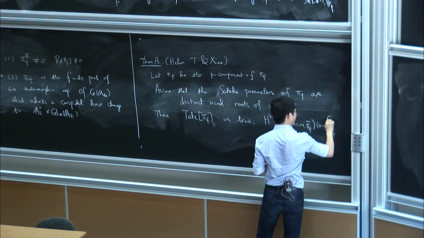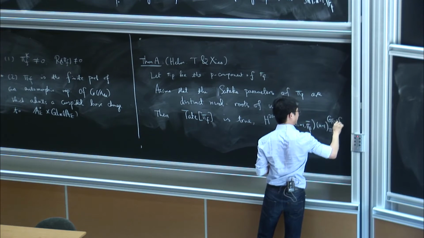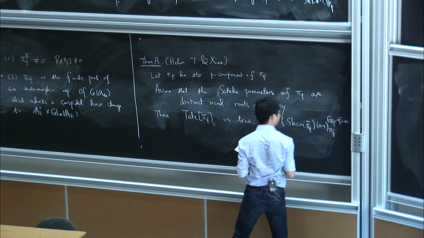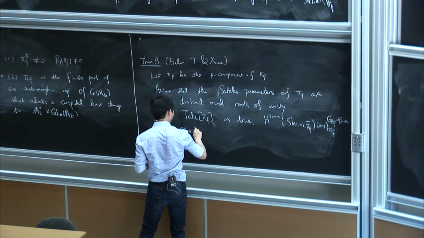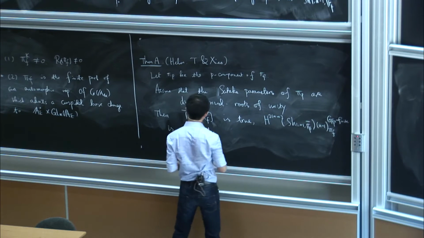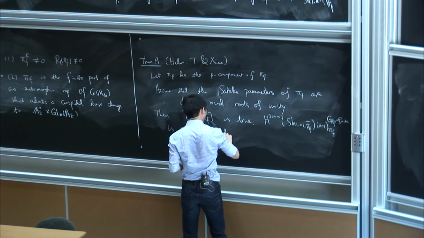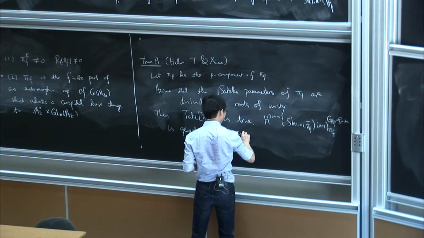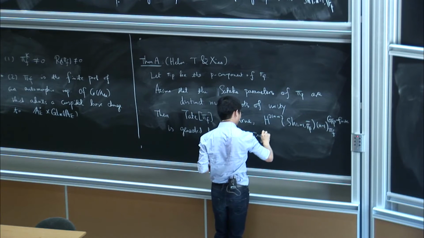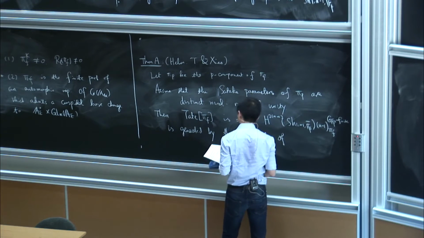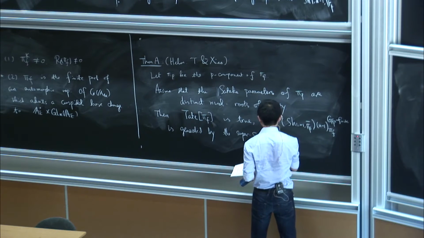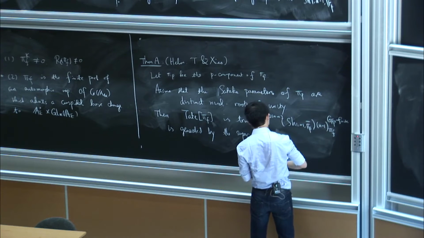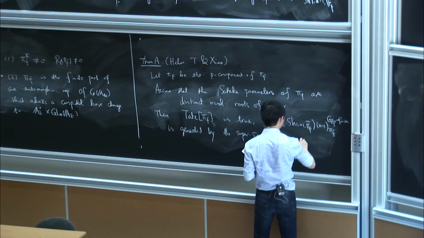This Galois finite part of the π_f component is generated by the cohomology classes of irreducible components of the supersingular locus of the Shimura variety.